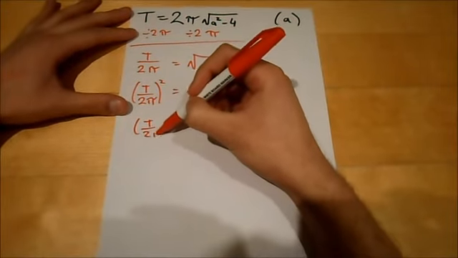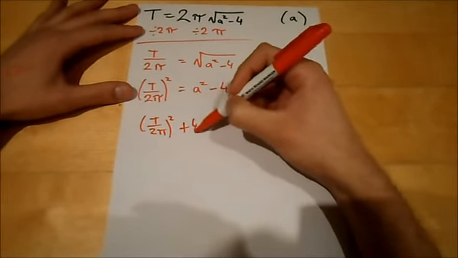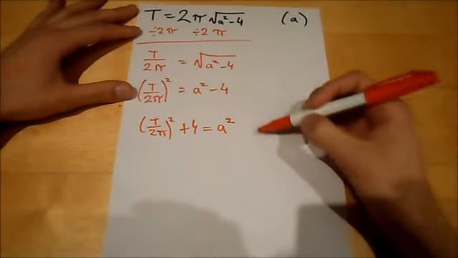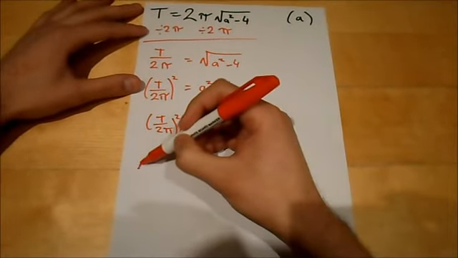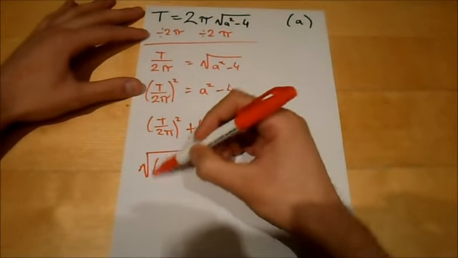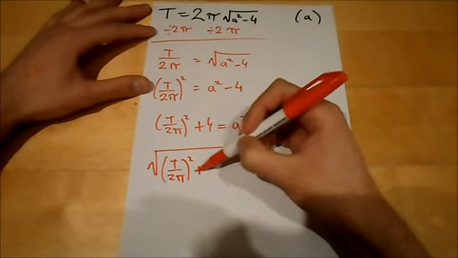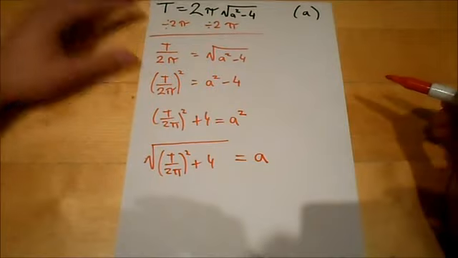So (t over 2 pi) squared, add 4 equals a squared. And then just to finish it off, to get a by itself as the subject of the formula, we just have to square root all of this. So the square root of (t over 2 pi) squared plus 4 equals a.